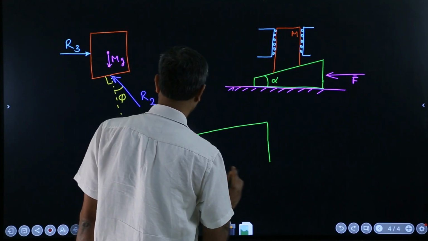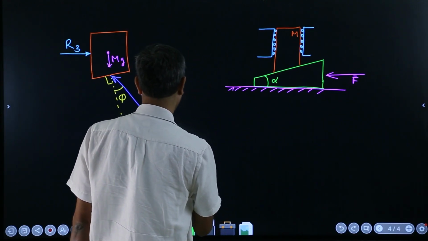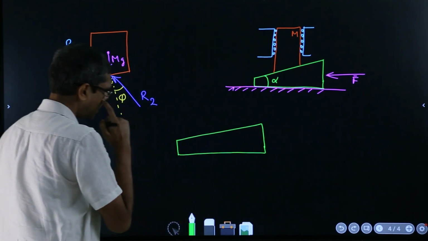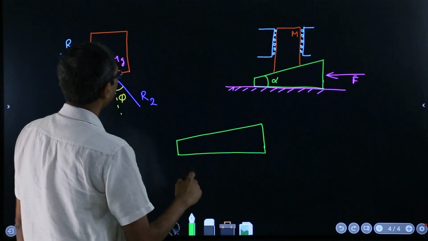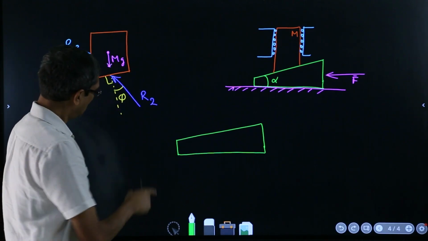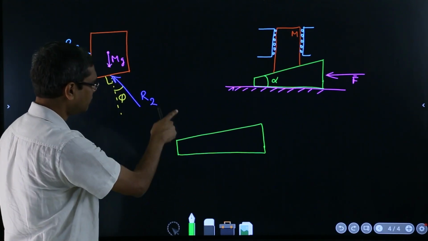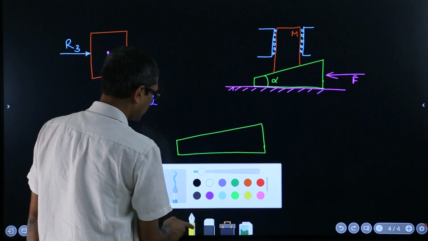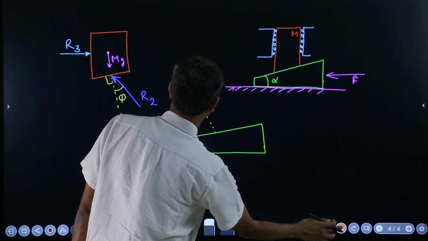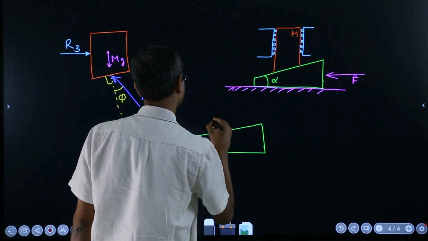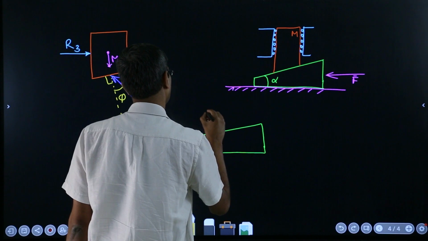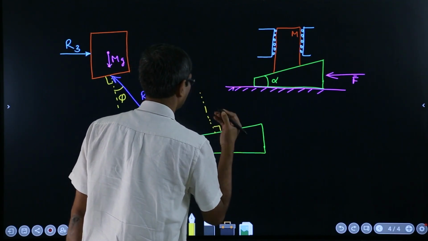Now if this is the reaction force coming from the wedge onto the mass, then exactly the equal and opposite reaction will be acting on that. And if I draw the perpendicular now to this surface, this is a bad drawing, I think. This is even worse. Okay, let me settle with that.